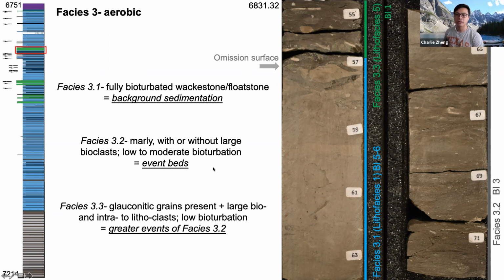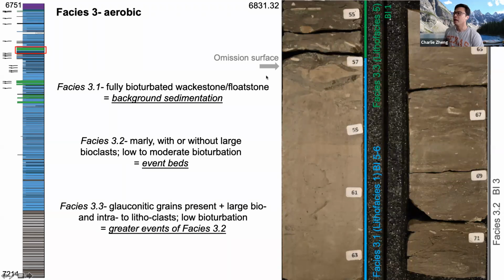They are less bioturbated, intercalated with the overall fully bioturbated sediments, and they can have large bioclasts. In the most extreme cases, phase 3.3, there are glauconitic grains present and large bioclasts and intraclasts. And these are greater scale events, or a greater expression of the phase 3.2 events.